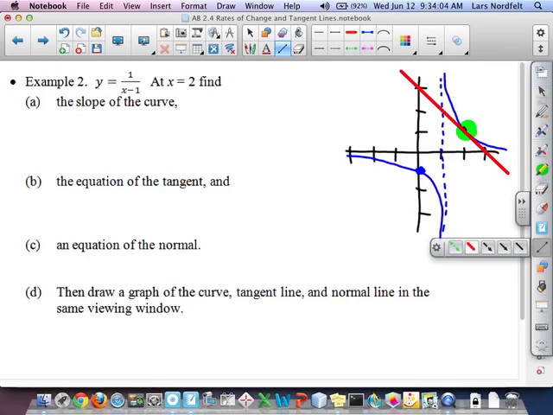In other words, I want to find the slope of that tangent line. Let's use the limit to do this.